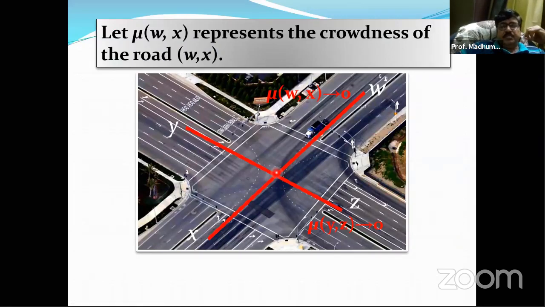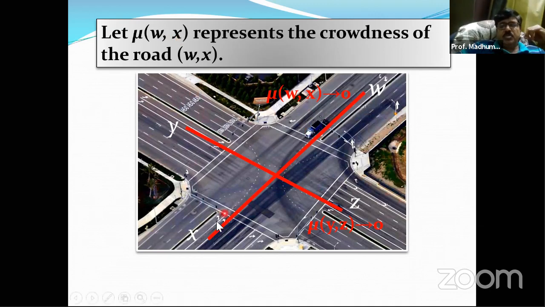If we consider mu of WX to represent the crowdedness of the road WX, that is, the degree of crowdedness represents the membership value of the particular road. So here we consider WX as a road, and mu of WX represents the degree of crowdedness of that road.